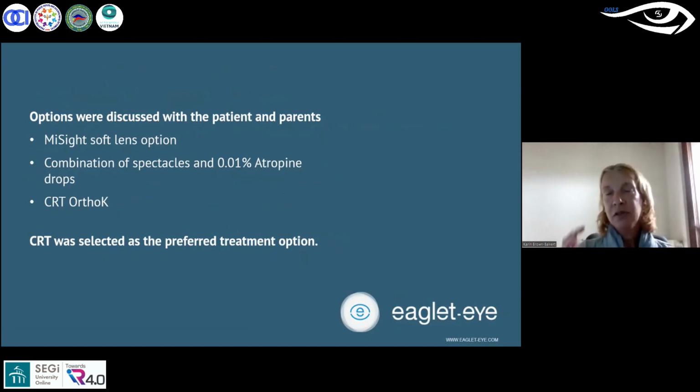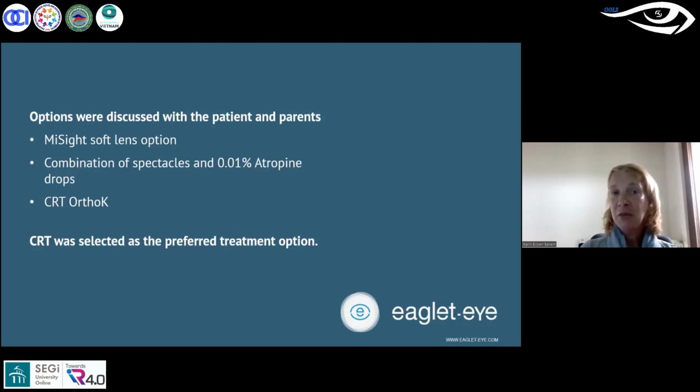In a lot of the countries, optometrists are not allowed to prescribe atropine. So in the States, of course, they can have these combinations of spectacles and atropine, or contact lenses and atropine. But if we think about Europe, that's something that can only be done by the ophthalmologist. So CRT was selected as the preferred treatment option.